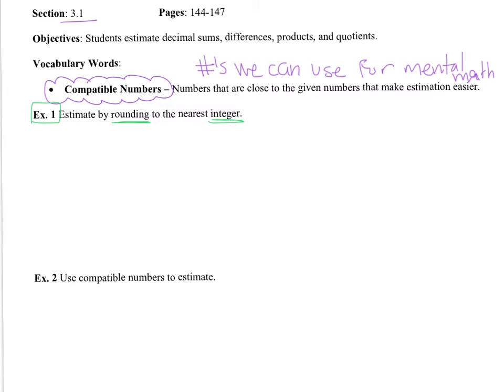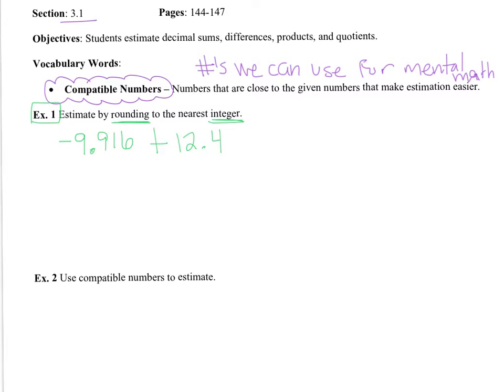So vocabulary word from last week, integers mean I might see some negative numbers. Alright, so let's start with negative 9 and 916 thousandths plus a positive 12 and 4 tenths.